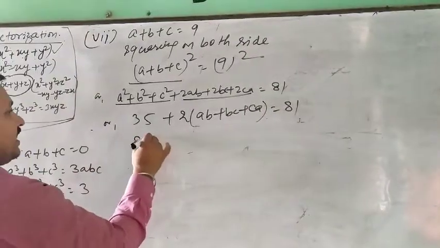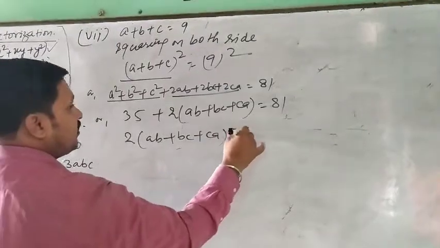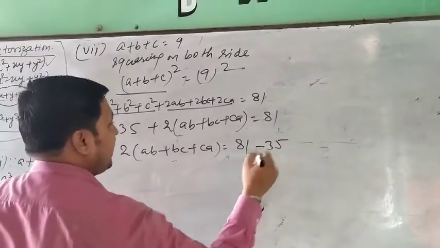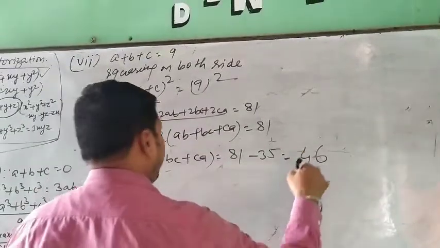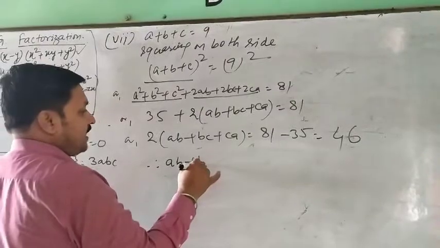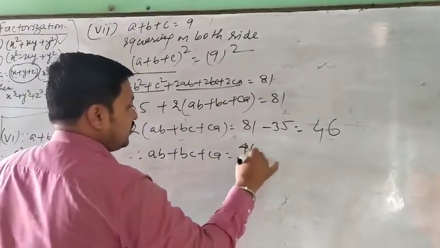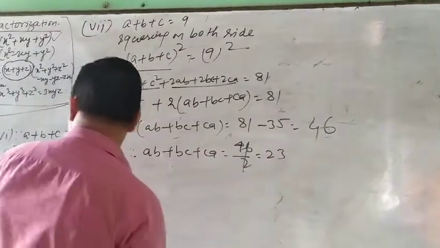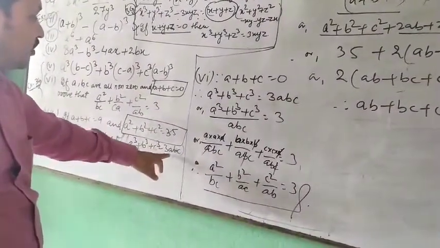That means twice (ab plus bc plus ca) equal to 81 minus 35, and your result is 46. That means the value of ab plus bc plus ca equal to 46 by 2, that means 23.